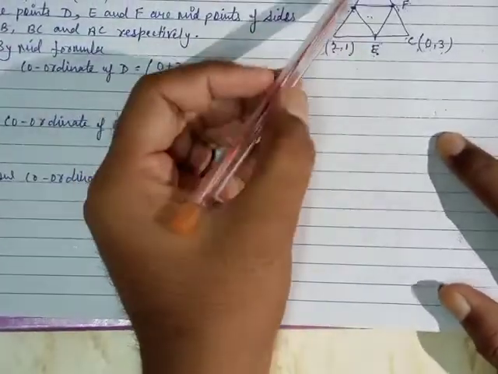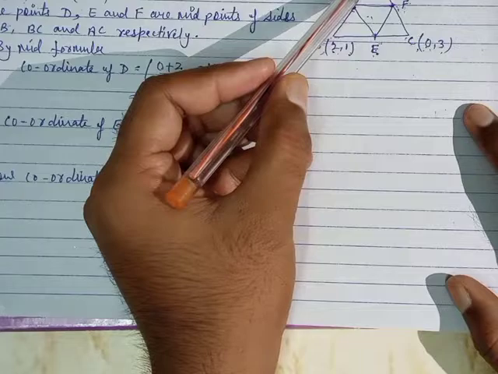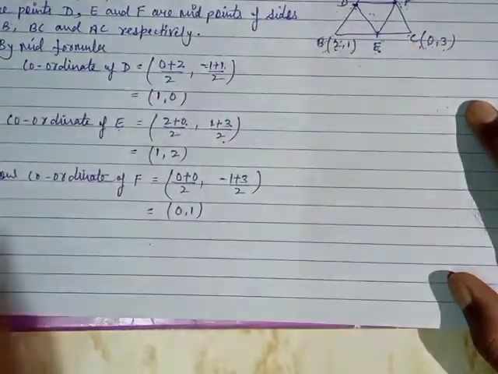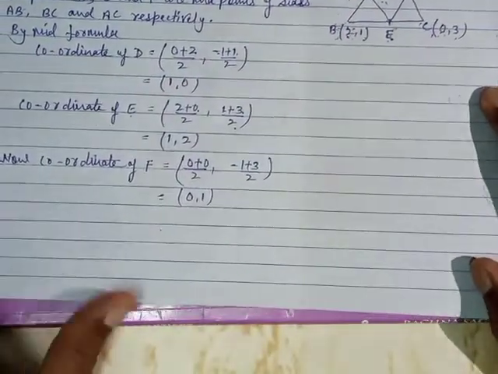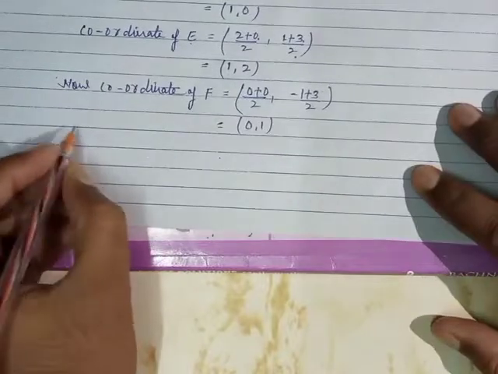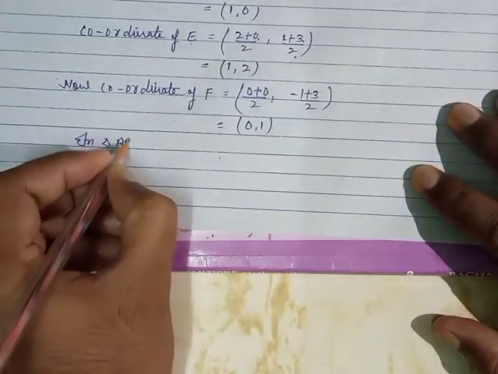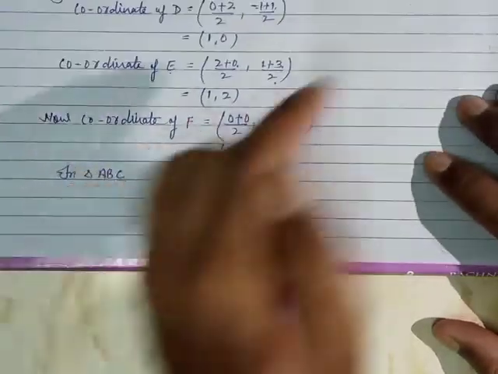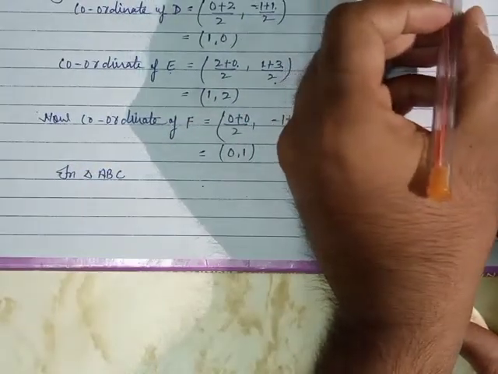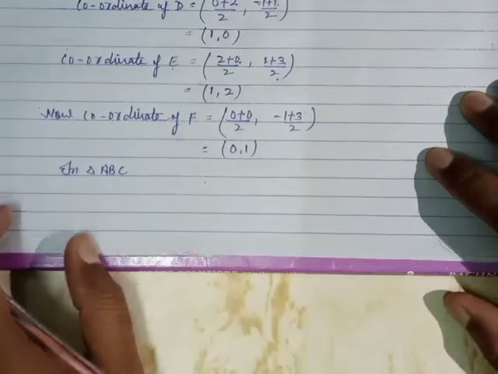Now we will find the area of triangle ABC by the triangle area formula. In triangle ABC, first we decide the values of x1, y1, x2, y2 and x3, y3.